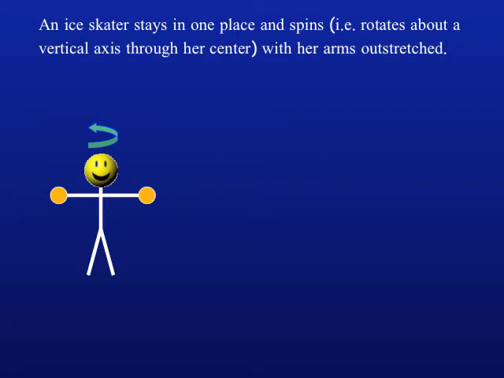Here we see an ice skater. The ice skater has their hands outward, holding heavy masses in their hands, say two heavy balls. The ice skater is rotating about their central axis. As the ice skater rotates, she stays in one place, i.e. she rotates about a vertical axis through her center, with her arms outstretched.